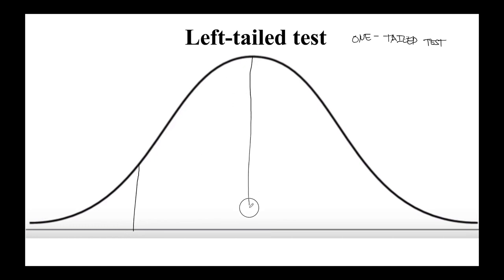So, standard normal distribution. Let's have this. Okay. So, same with the right-tailed test. This is our Z value. Okay. Or, again, the critical value that separates the rejection region and the non-rejection region. So, basically, this is the rejection region.